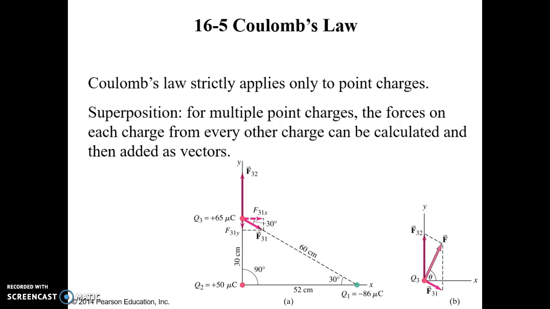Since opposites attract, F31 is pointed towards Q1. Now, if we ignore charge 1 and only focus on charge 3 and charge 2, F32 is pointed upward because like charges repel. To calculate the resultant force on charge 3, we would need to apply vector algebra. However, for this course, we're only going to deal with charges in a straight line.